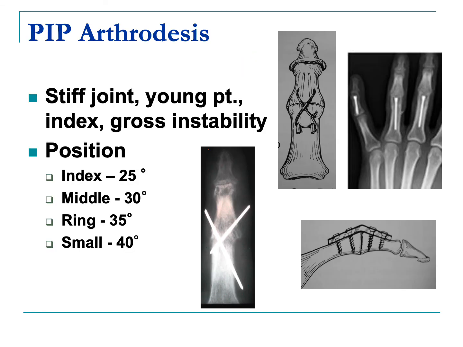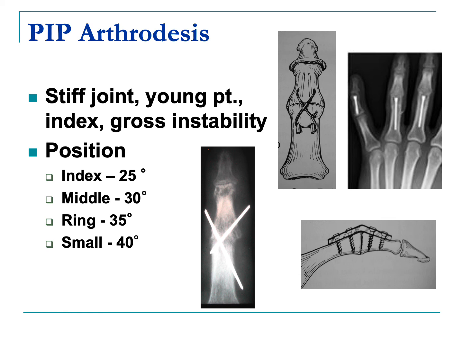If, however, the joints are grossly unstable and it is felt that implant arthroplasty would not be effective, or in dealing with an index finger, then fusion of the PIP joint is a satisfactory alternative.